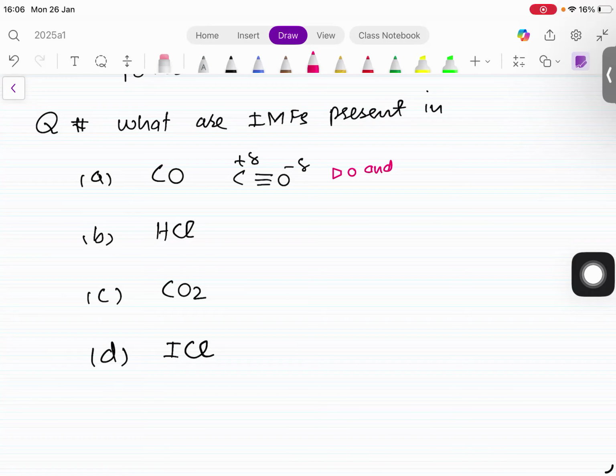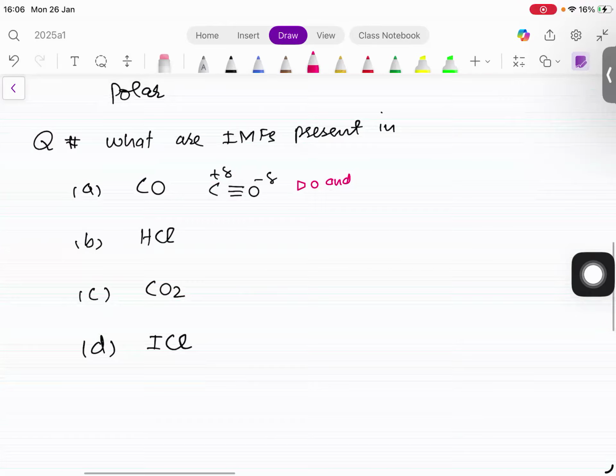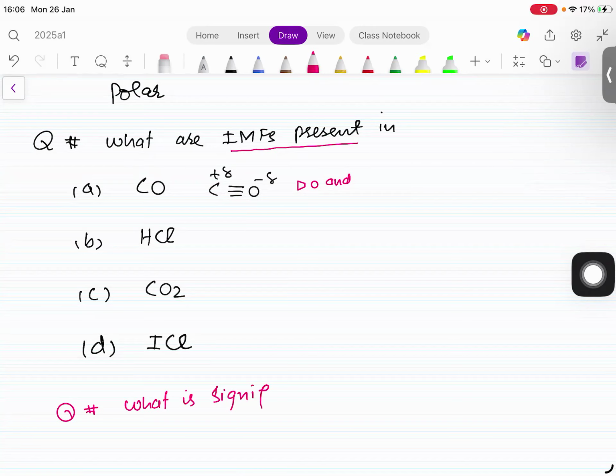Again, they may ask you the same question in a different way: what is the significant or strongest intermolecular force in the following?